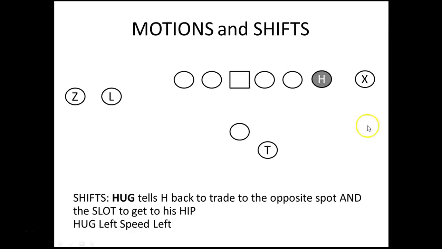The H or the Y would trade the opposite side, and then the L is going to get on his hip. For instance, the play would be hug left, speed left. So in actuality, the tailback would pop to the other side too.